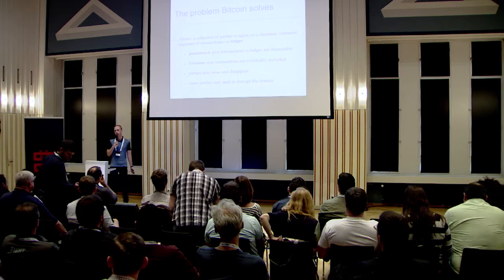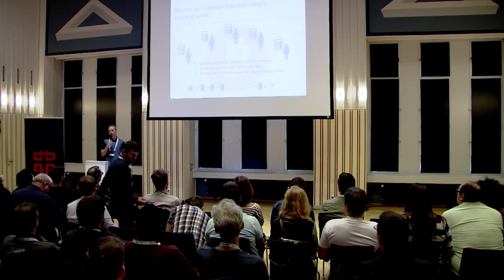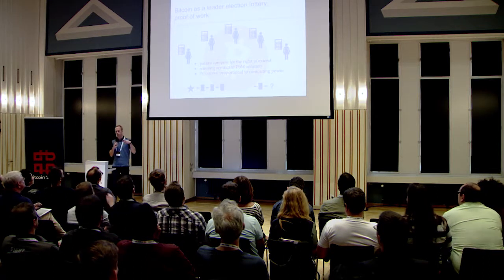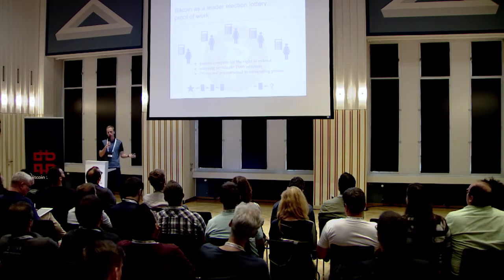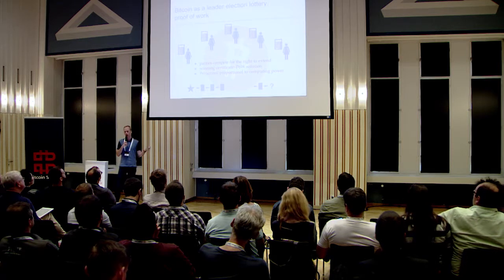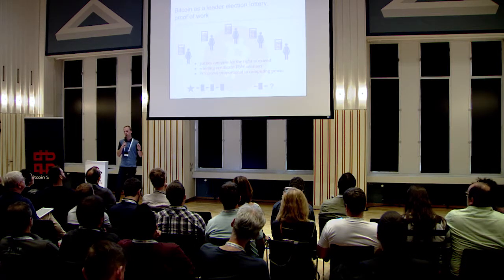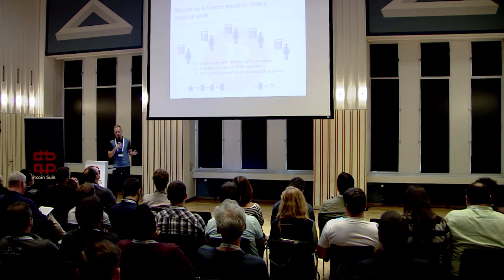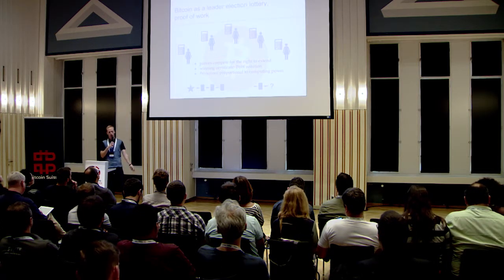I will, of course, not tell you how it achieves it, because you know it. I will just tell you that it's a good idea to look at Bitcoin from a slightly different perspective, as a lottery, where we are running a leader election, where the parties compete for the right to extend the current blockchain that they see.